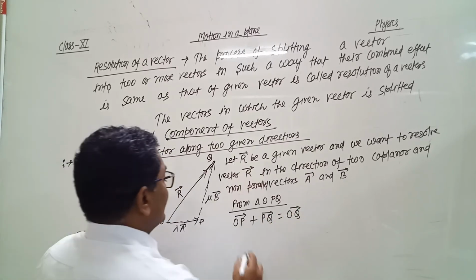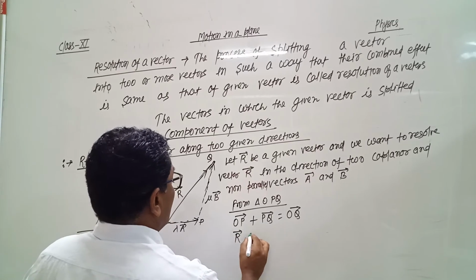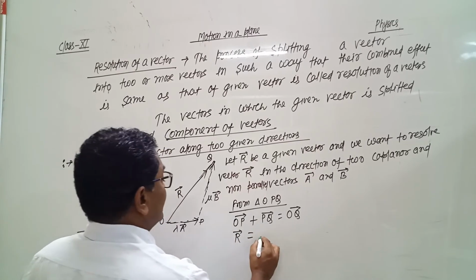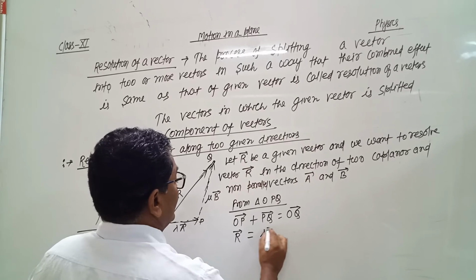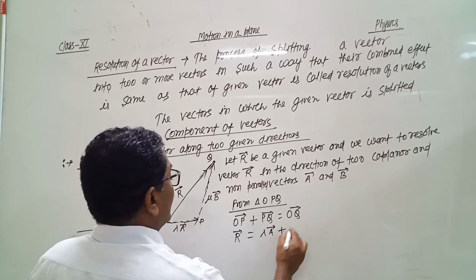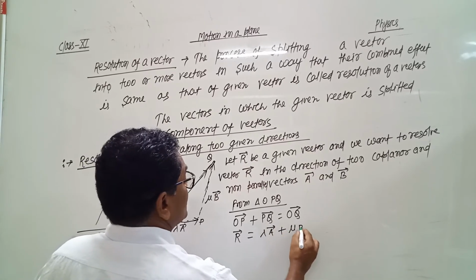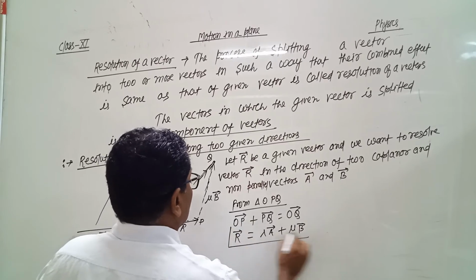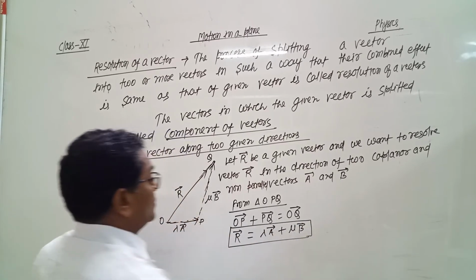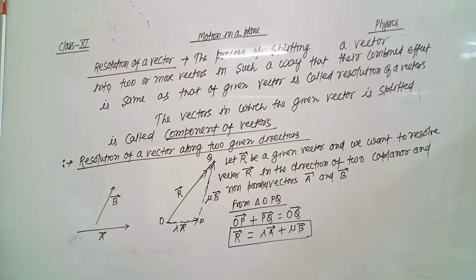So OQ vector is R, OP vector is lambda times vector A, and PQ vector is mu times vector B. So vector R equals lambda A plus mu B, where lambda and mu are scalars.